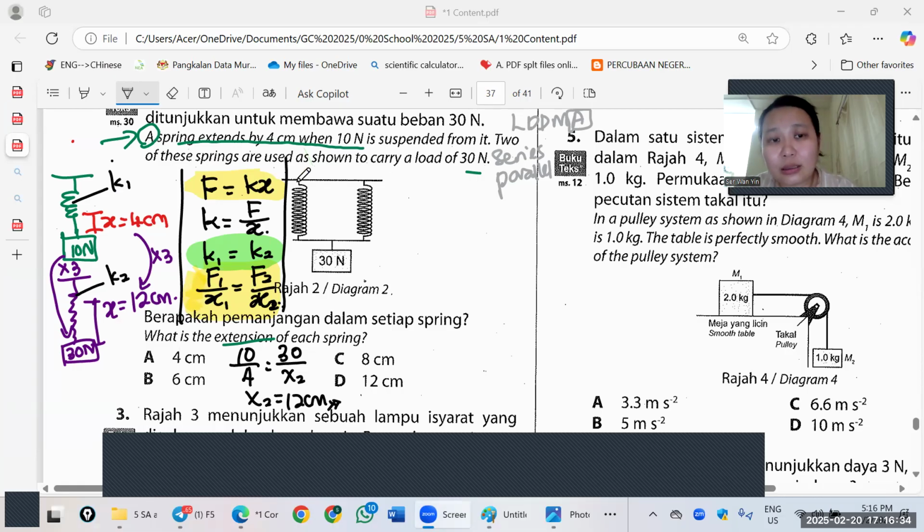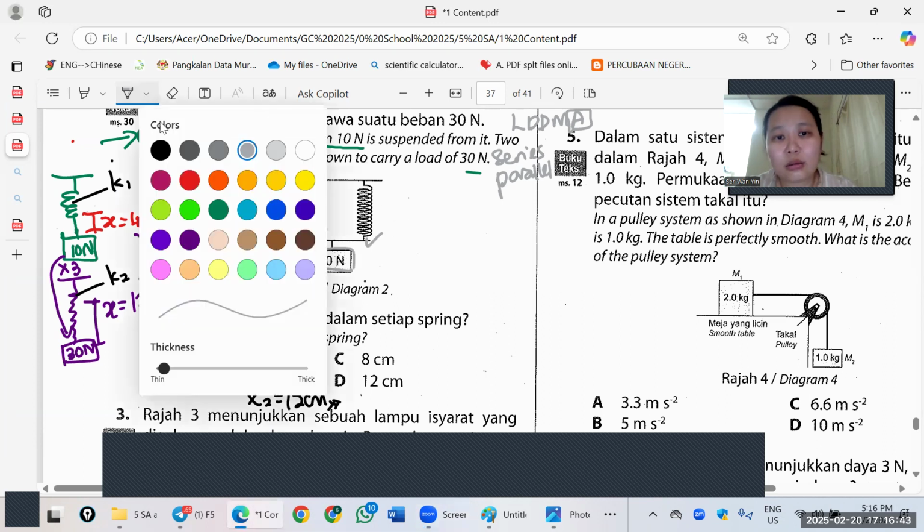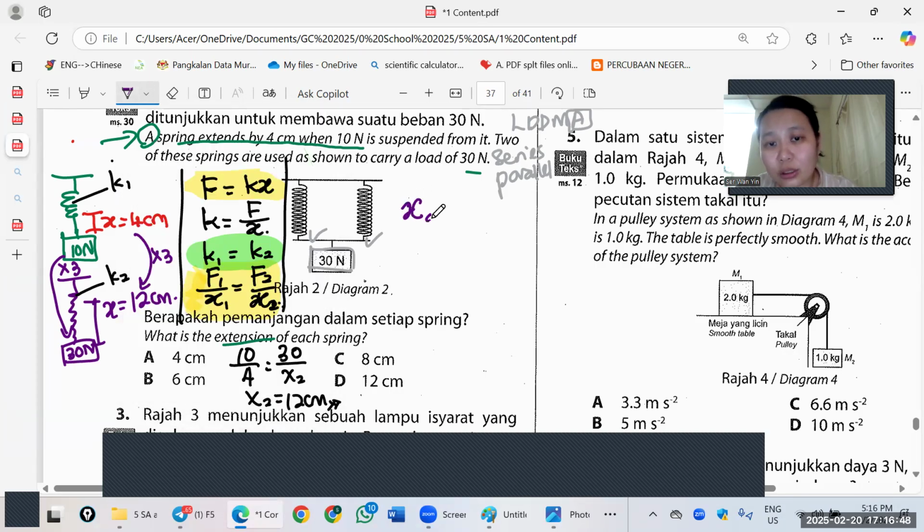Okay, parallel means the load is shared. So the load is shared by 2 springs. How do we count the extension? We use the original extension divided by N, the number of springs. The original extension for 30 Newton should be 12 cm, but now we have 2 springs sharing the load, so divided by 2 we get 6 cm.